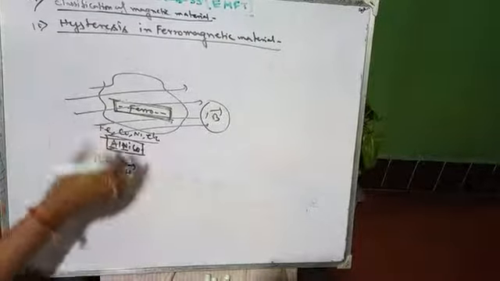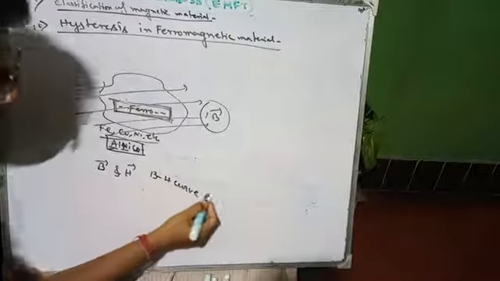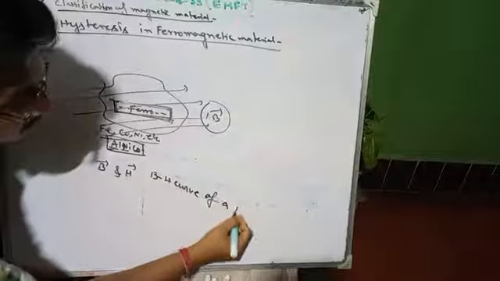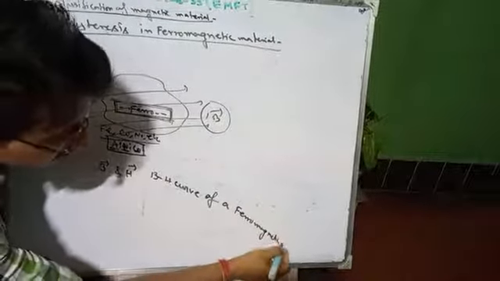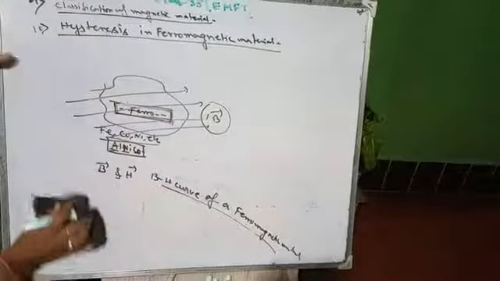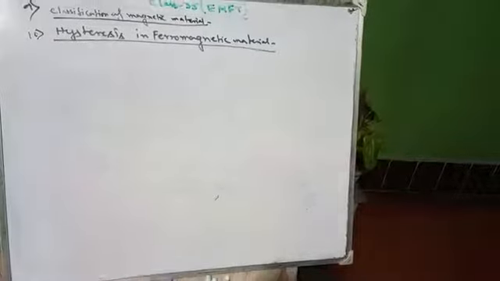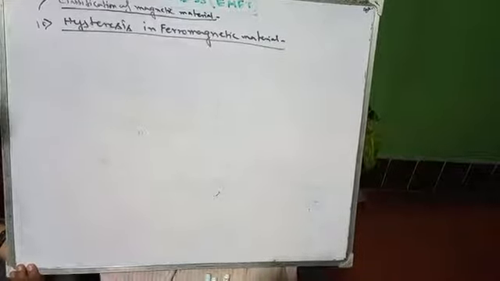So hysteresis is also called the BH curve of a ferromagnetic material. So now we have to draw this BH curve, then I will discuss the topics one by one. So first let us draw it and then I will tell you, one by one.